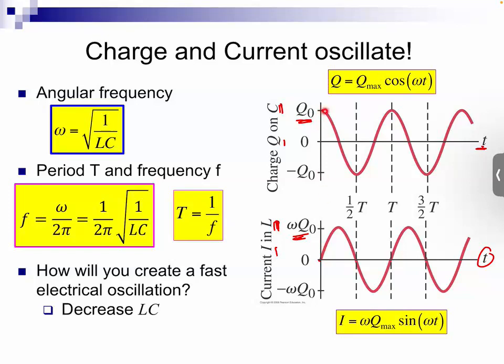If the charge in the capacitor is 0, that means it's fully discharged, then the current through your inductor is maximum. And the frequency at which this interchanging of charge and current occurs is given by this frequency.